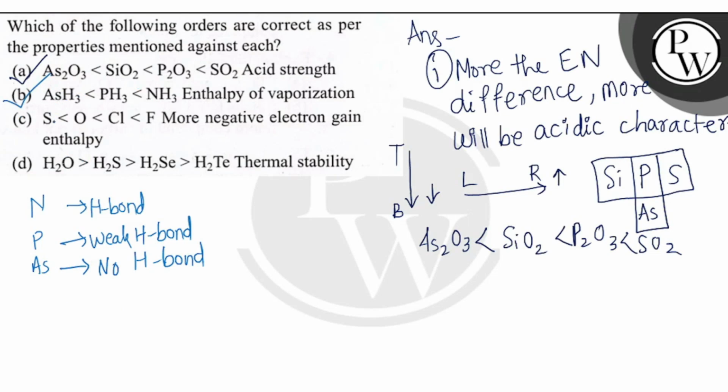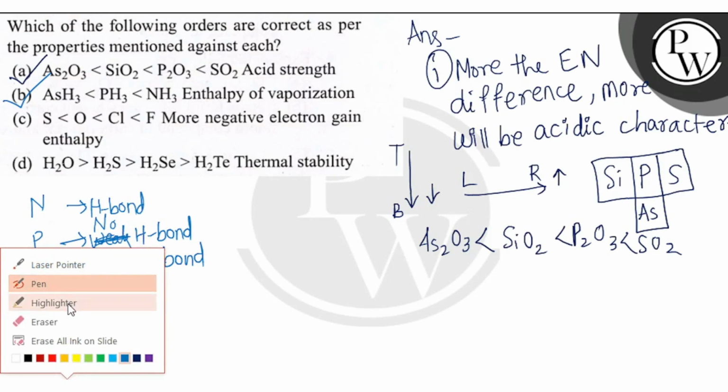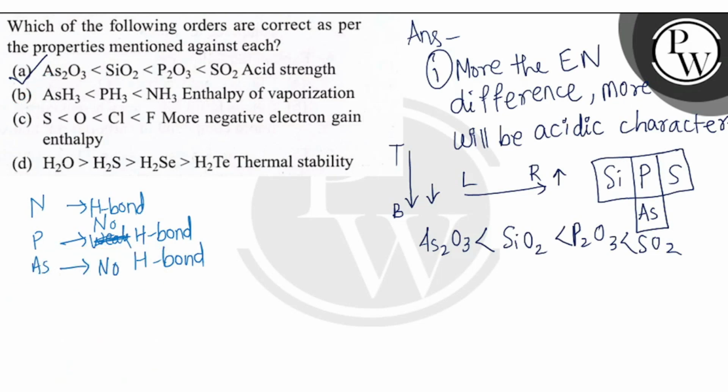But there is a thing: phosphorus does not contain any hydrogen bonding. So as phosphorus does not contain any hydrogen bonding, the question is what about the series? Can we say phosphorus has higher enthalpy of vaporization compared to arsenic?